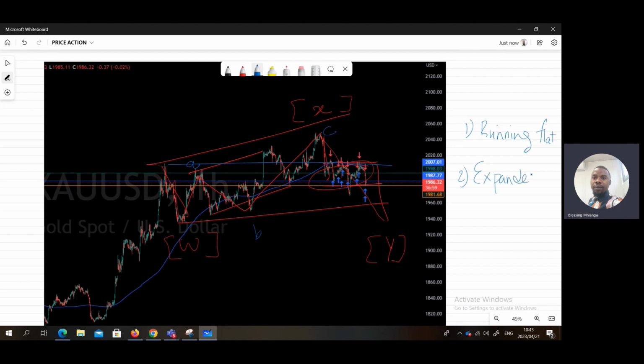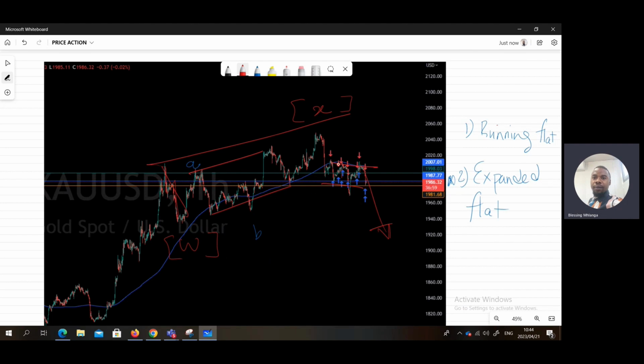Now I choose to take my primary view as the latter. I would really expect this to be an expanded flat, just looking at how strong this move to the downside appears. Okay, so long term, short term to medium term, I'm expecting trades to the downside, even though we've clearly determined that the market sentiment is overall bullish.